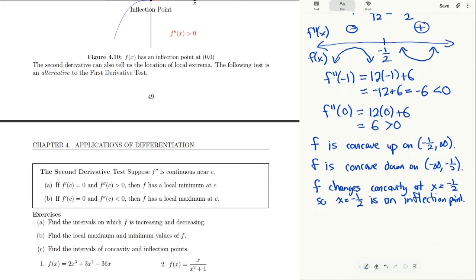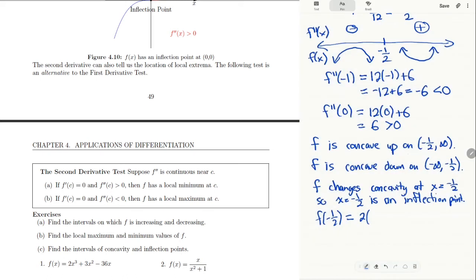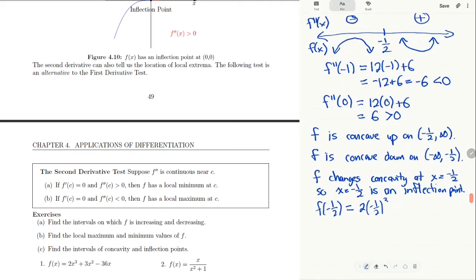So now let's determine the coordinate of this inflection point. So let's evaluate the function at negative 1/2. So we get 2 times negative 1/2 cubed plus 3 times negative 1/2 squared minus 36 times negative 1/2.